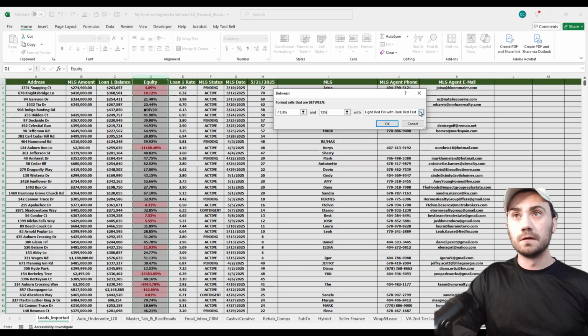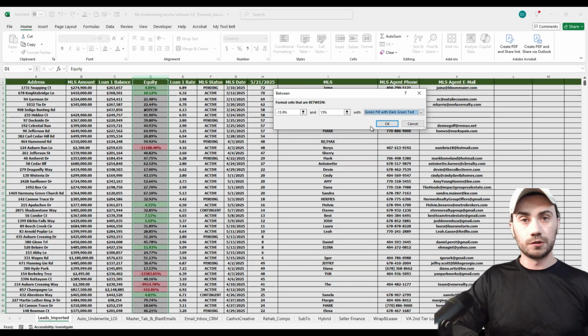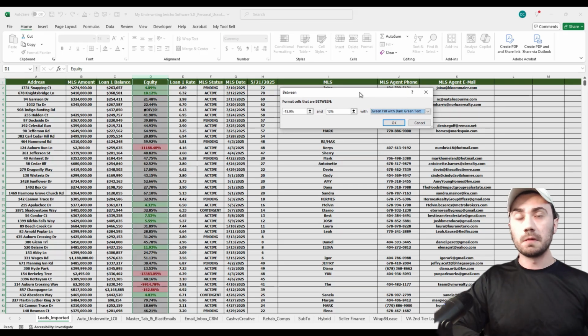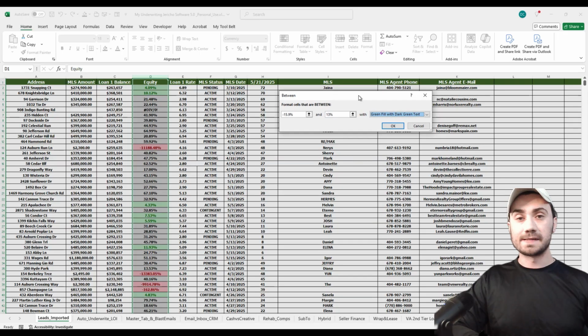What this is going to do is indicate to us what our tier 1 subject to transactions are. Our tier 1 subject to transactions are going to be properties listed on the MLS that have such little equity that this might actually be a really great opportunity for the seller to consider a subject to transaction, knowing that they're going to have to write a check at closing for their negative equity or very little equity that they have on the property.